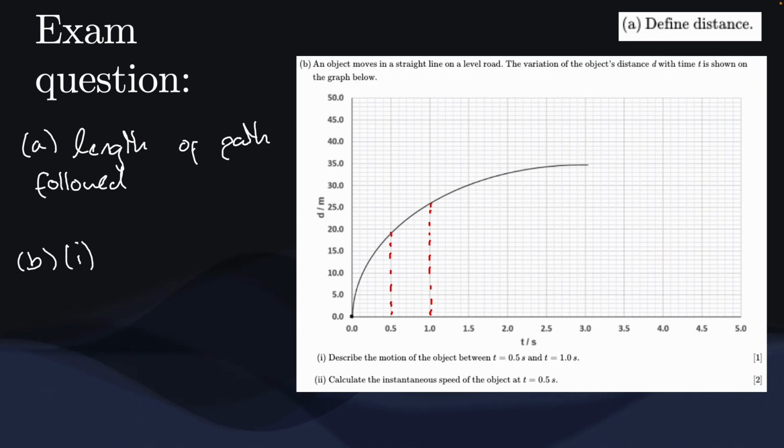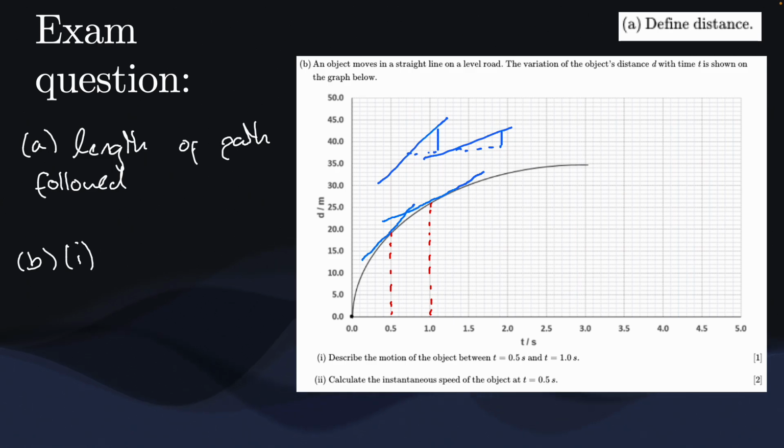So what happens here? Let's draw our tangent lines here, and then the tangent line there. What's noticeable between these 2 points is that the gradient of this tangent line actually decreases. It goes from like this to like this, which means this gradient has decreased.